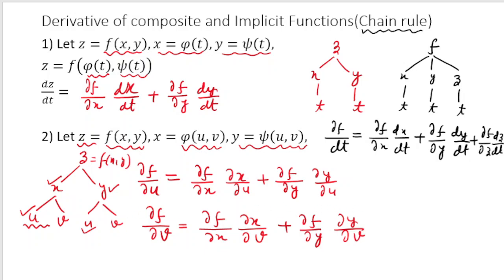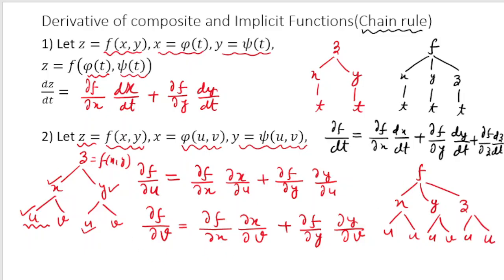So we are going to take many problems, and this idea can also be extended, like the function may be dependent on possibly more than one variable. Suppose I say x, y and z, and further suppose x is dependent on u and v, and y is also dependent on u and v, and z is also dependent on u and v.